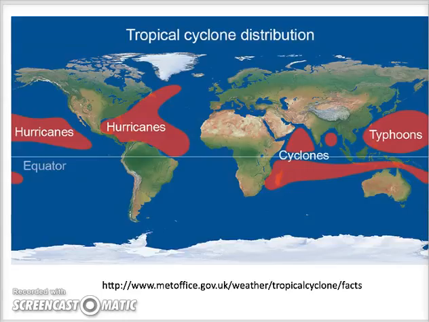Cloud and rain bands spiral inwards towards the eye, and at the top of the storm there is outward anticyclonic airflow maintaining the uplift. Occasionally, the rotation associated with tropical cyclones leads to the generation of tornadoes.